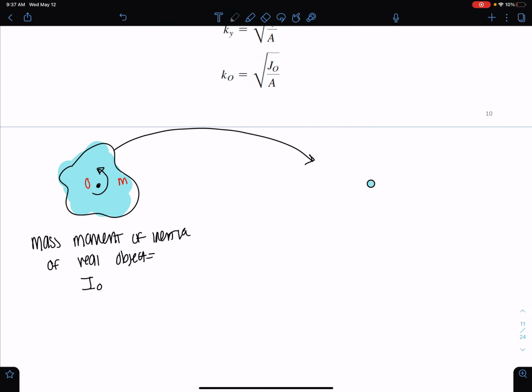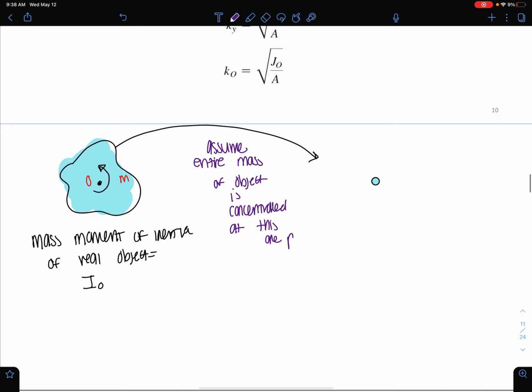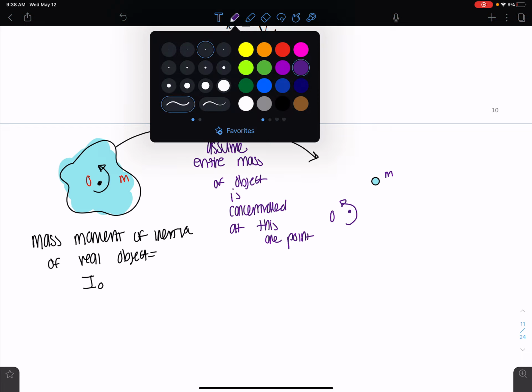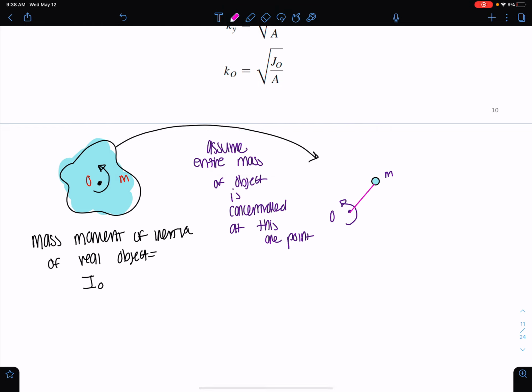So let's now assume this whole mass is concentrated at this one little point, we'll call it M. We still have our center O here, and now we have some distance from the center to this little lumped mass M. We're going to call this R.